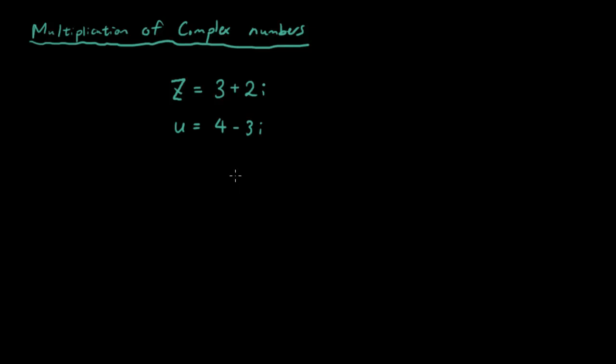What we want to do now is multiply the two complex numbers together, so z times u. All you have to do is substitute these two numbers in, so it's 3 plus 2i in brackets and 4 minus 3i in brackets.